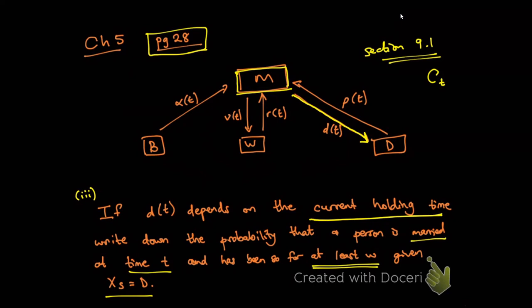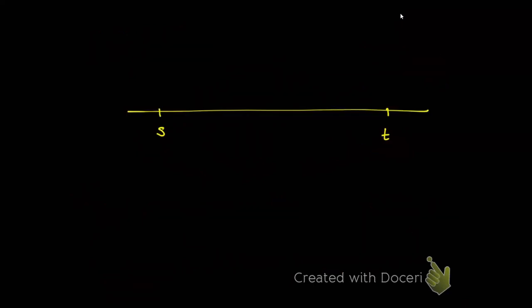So if we work backwards from time T, if this blue part of the timeline represents W, then this time point here would be T minus W, because that blue distance is W. So we want to be married here, and we certainly want to be married for all of W as well. Okay, so that's the idea.